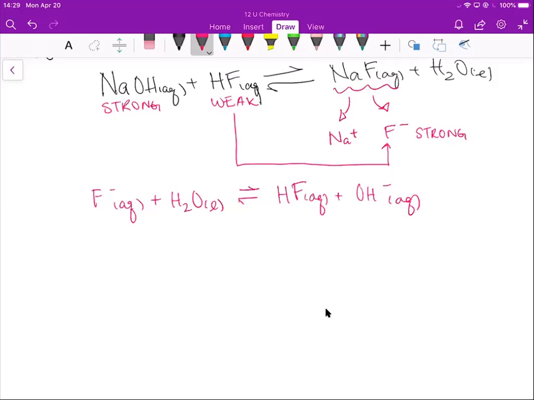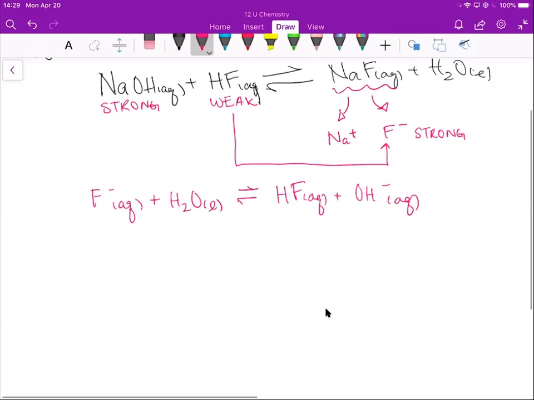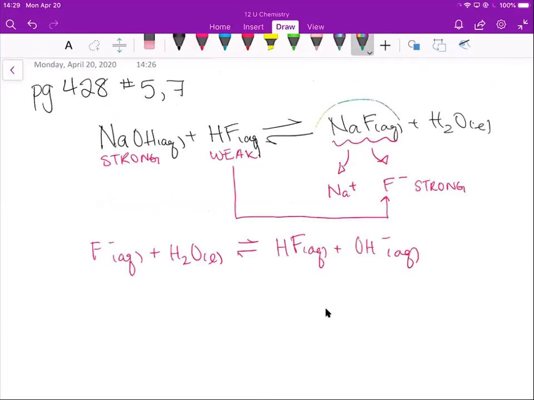And it's saying a chemist determined that the reaction had formed an aqueous solution of 0.020 moles per liter of sodium fluoride. Determine the pH of the solution. So it's already telling us the concentration is 0.020 moles per liter. So guess what? I'm going to make this ICE table, and they already gave me my concentration.